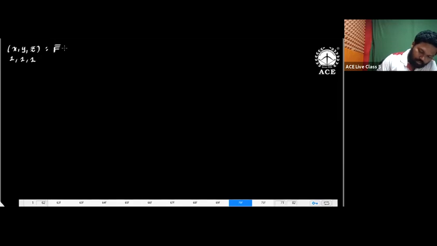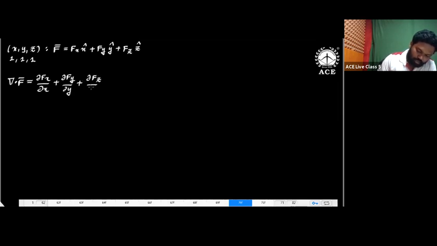The vector f is equal to fx x cap plus fy y cap plus fz z cap. So this we already know. Divergence of f is equal to dou fx by dou x plus dou fy by dou y plus dou fz by dou z.